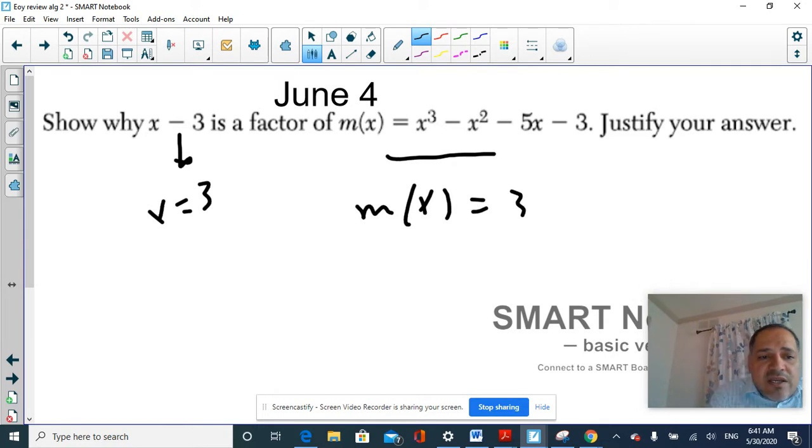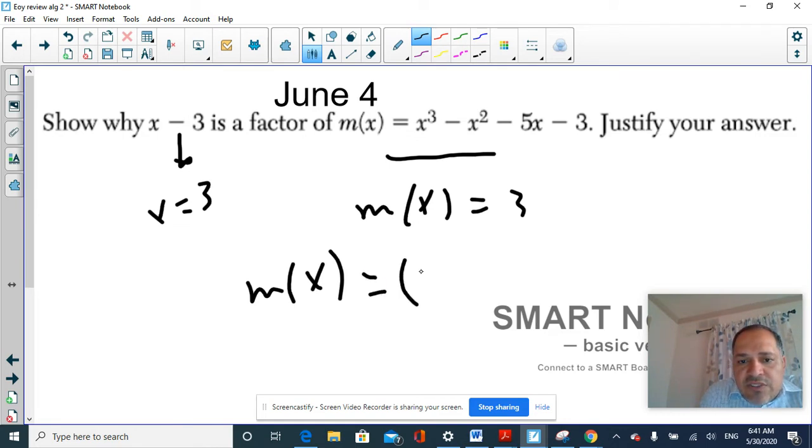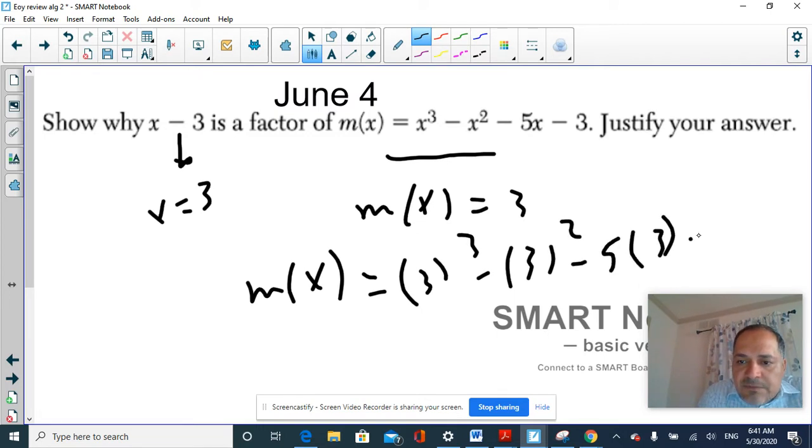So how do we justify this answer? We plug in x equals 3 here and find m of x, and it must equal 0. So 3 power 3 minus 3 power 2 minus 5 times 3 minus 3.